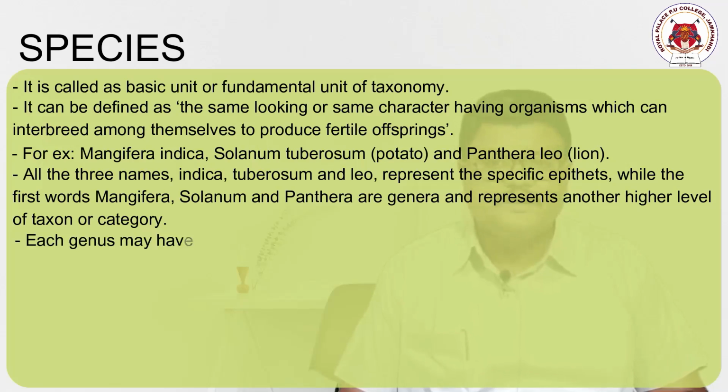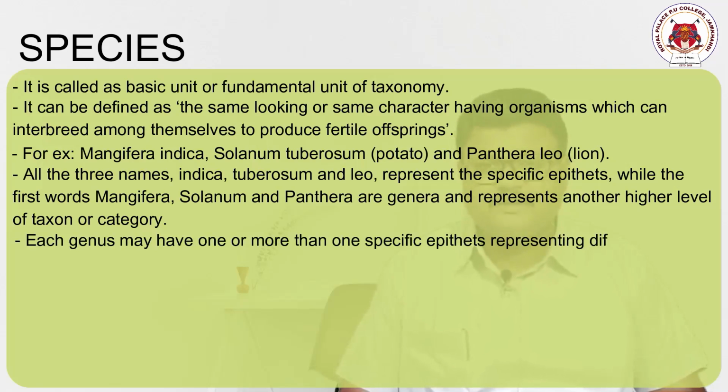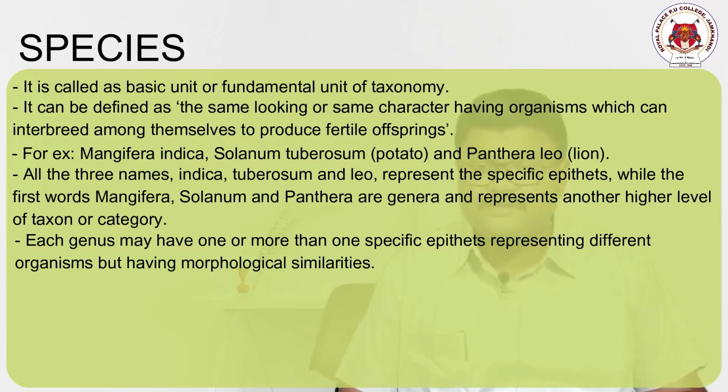Organisms with a high number of similar characters might be slightly different, which indicates that the species might be different, but sometimes a genus will include these different species. What am I trying to say? A genus may contain one species or more than one species, sometimes 2 species, 3 species, and so on.